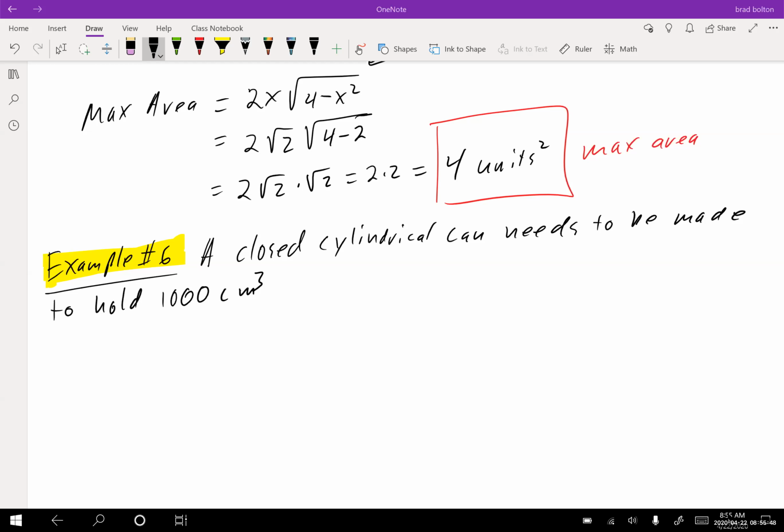So it says a closed cylindrical can needs to be made to hold 1,000 centimeters cubed of water, of H2O.